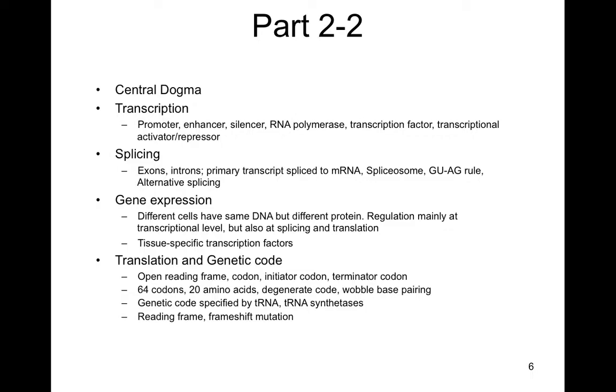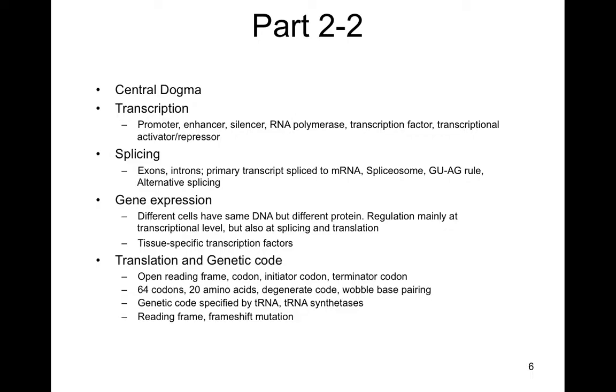Because the codon is 3 nucleotides long, that can encode for 64 different codons, 4 times 4 times 4, but there are only 20 amino acids. So the genetic code is degenerate, meaning that more than 1 codon specifies the same amino acid. And the way that degenerate code is implemented is through wobble base pairing, typically through the 3rd position in the codon.